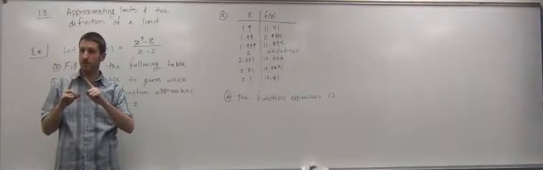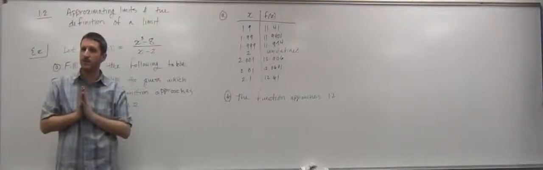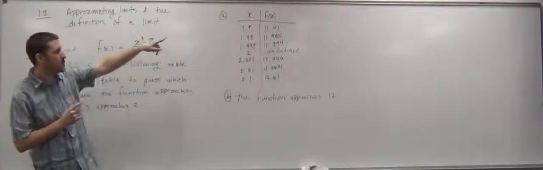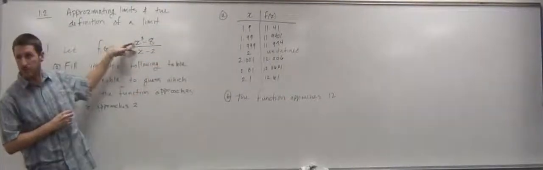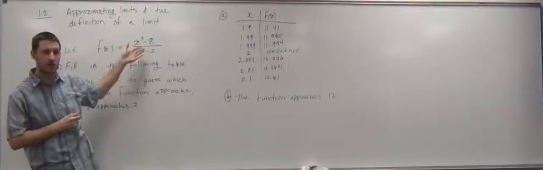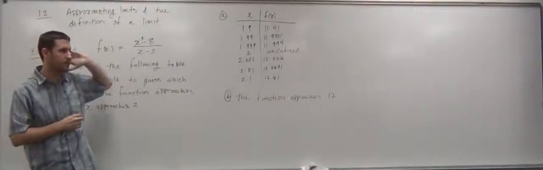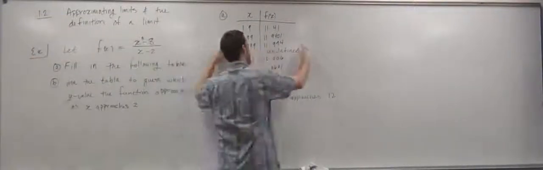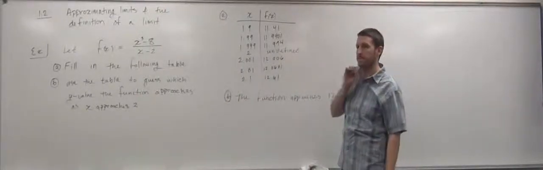Simplify. Right? If you reduce, then the denominator equals 0 is a vertical asymptote. What this is telling you, because this graph doesn't have a vertical asymptote, is that this actually reduces. This x minus 2 cancels. You could factor this difference of cubes and cancel the x minus 2. Your function's still undefined there, but it doesn't have a vertical asymptote. It approaches one number.